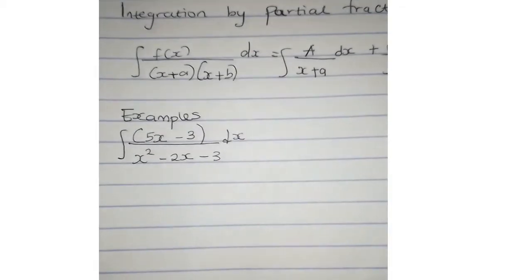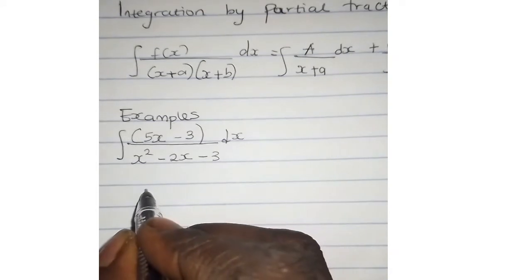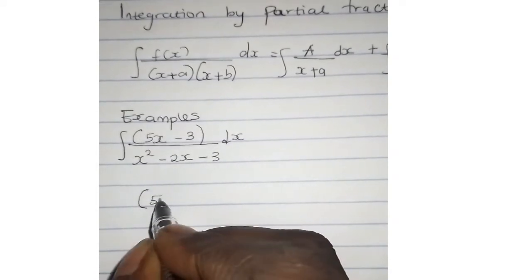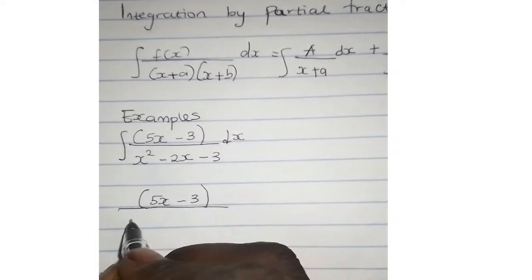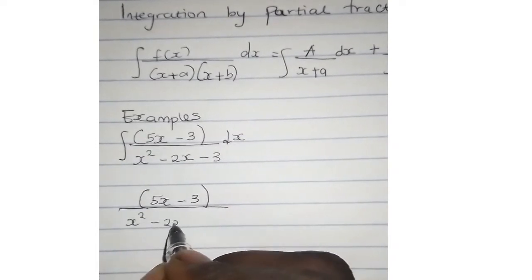So now we're going to integrate using partial fractions. So what we'll do is we're going to have 5x minus 3 over x squared minus 2x minus 3.